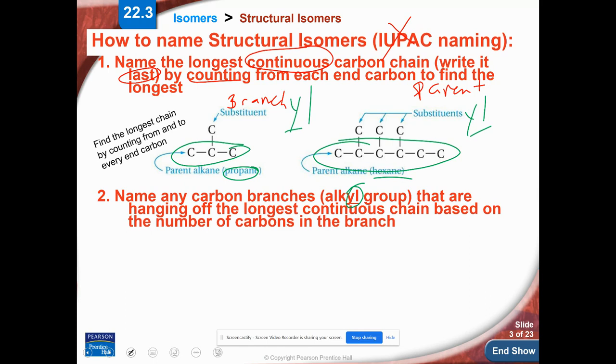So a 1 carbon branch is a methyl. So this branch is 1 carbon. So then this branch is a methyl branch. And so now this is not a 3 carbon branch. This is 3 separate 1 carbon branches.